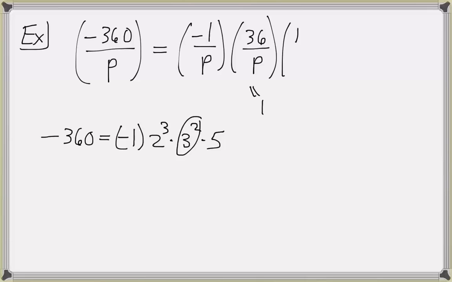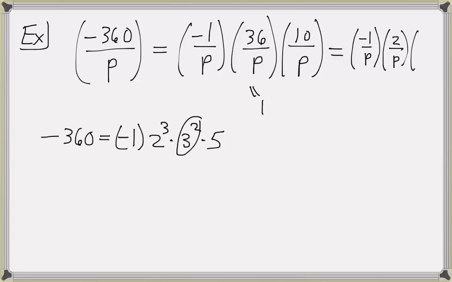Also a factor of 10 over p. So if I break up the Legendre symbol this way, this is going to be equal to the Legendre symbol negative 1 over p, and 36 over p is just 1, so then I just have 10 over p, but I can break that up as 2 times 5, so this is 2 over p times 5 over p.